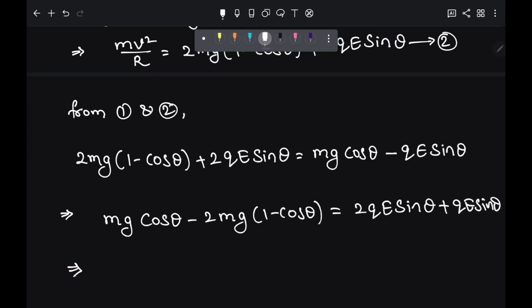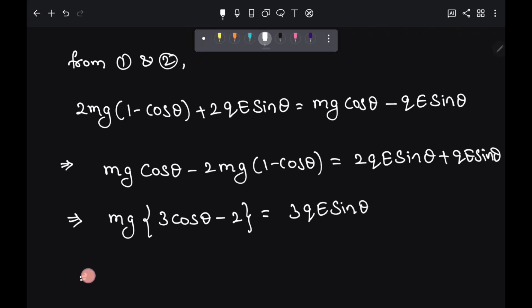Taking mg common, we get mg into 3 cos theta minus 2 equals 3qE sin theta.